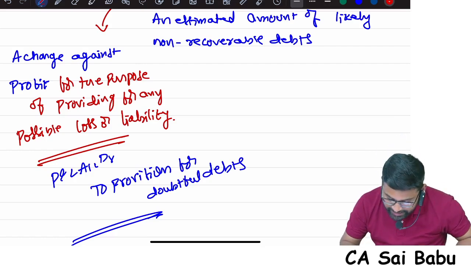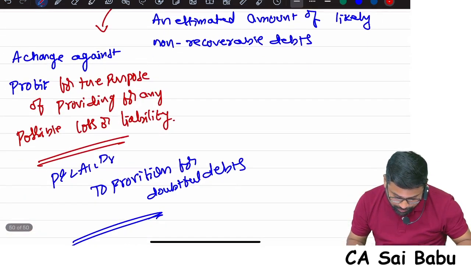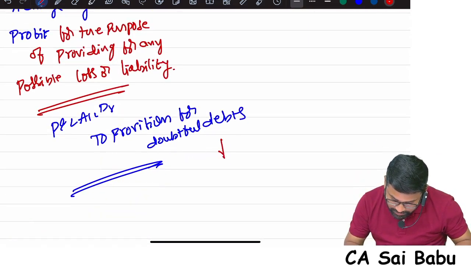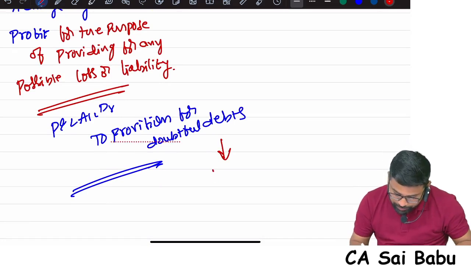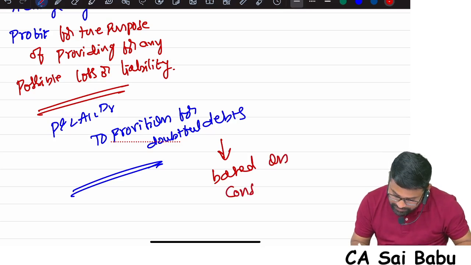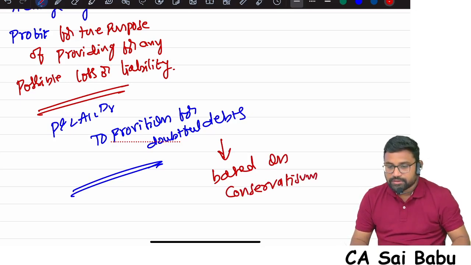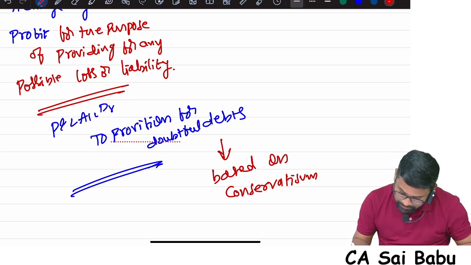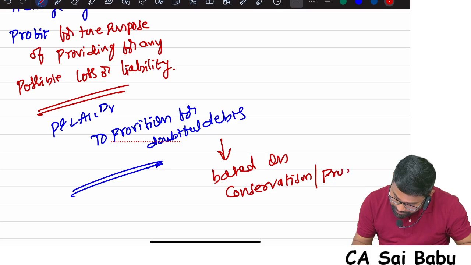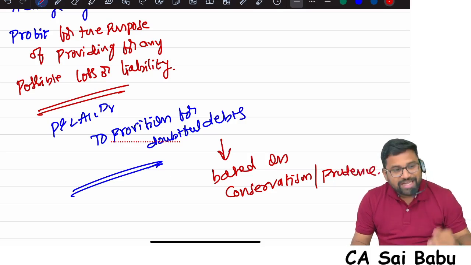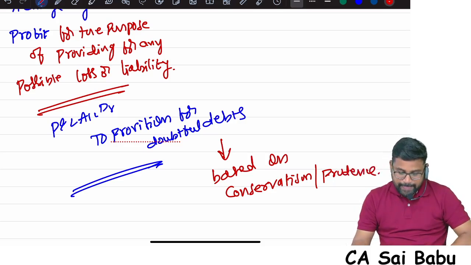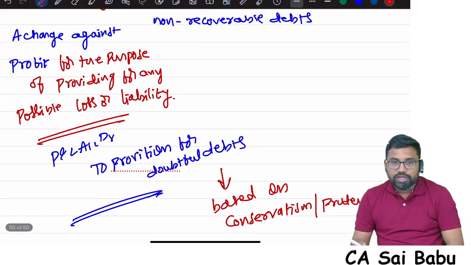So this entire concept, this provision for doubtful debts, is based on conservatism, also known as conservatism concept, or prudence concept. Because the prudence concept says anticipate all possible losses. Now I think you got an idea.